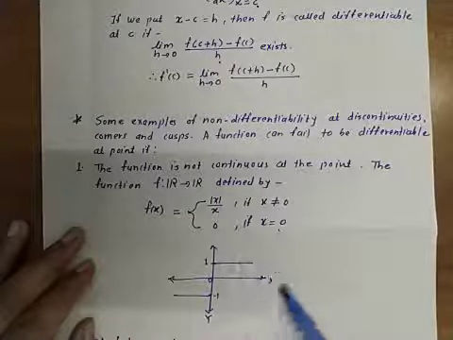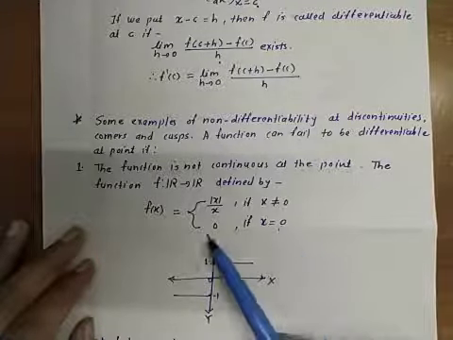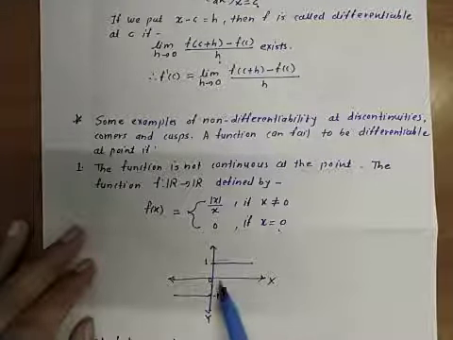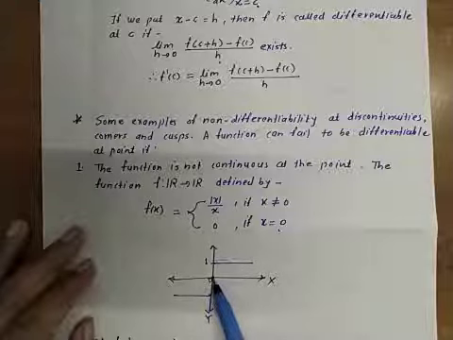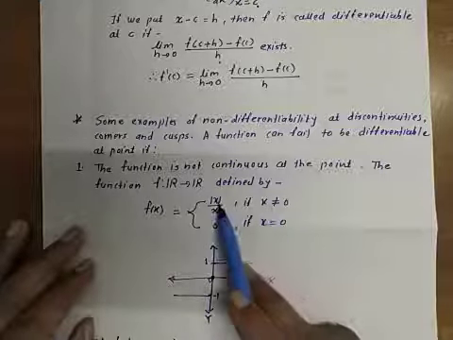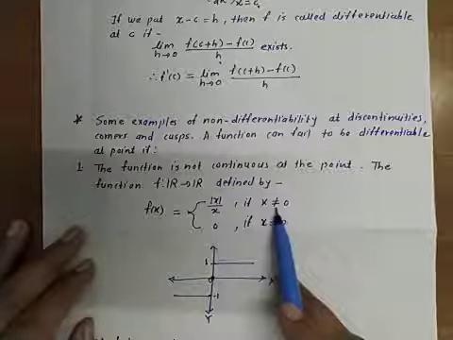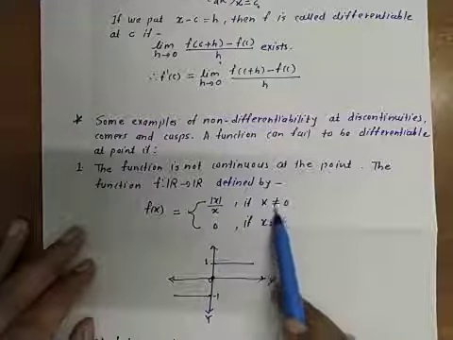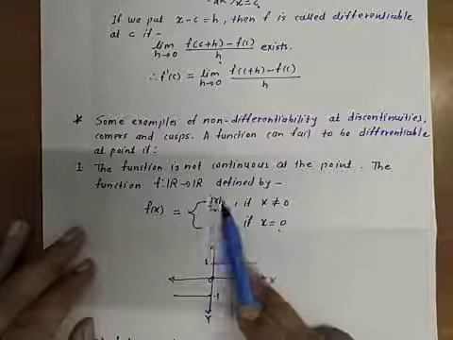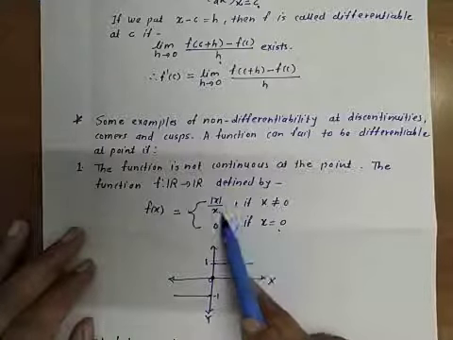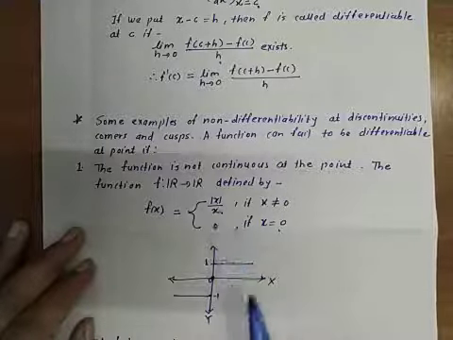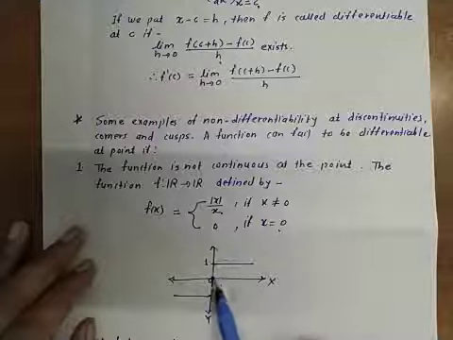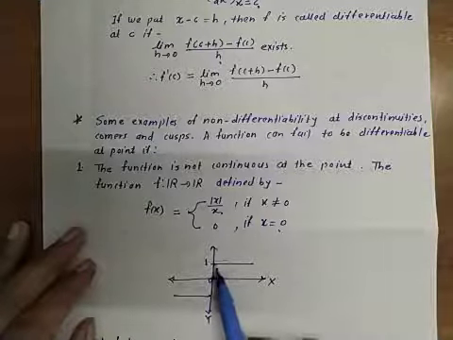So this will be the graph of the function. When x is 0, it is 0. But if x is positive, what happens? For non-zero positive x, mod x will be x, so x upon x will be 1. So for all positive x, the value of f(x) will be 1.